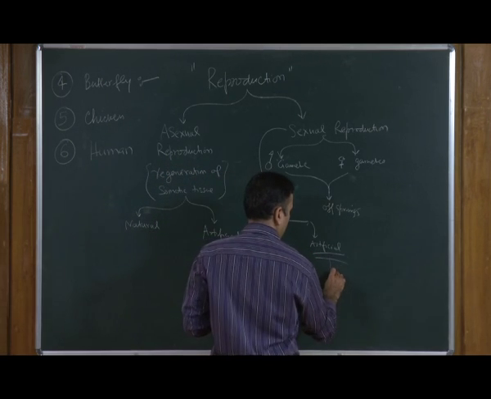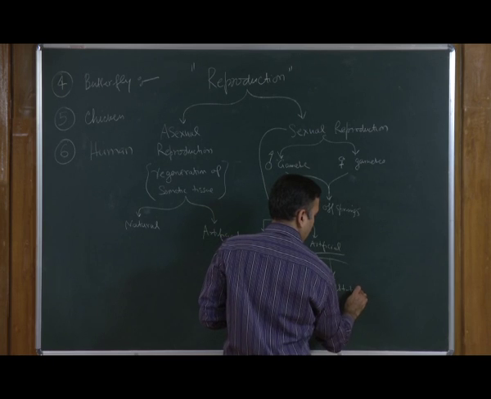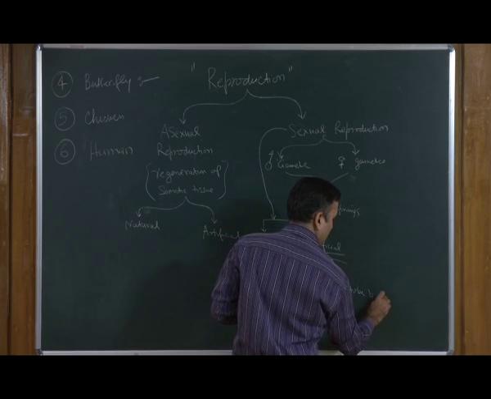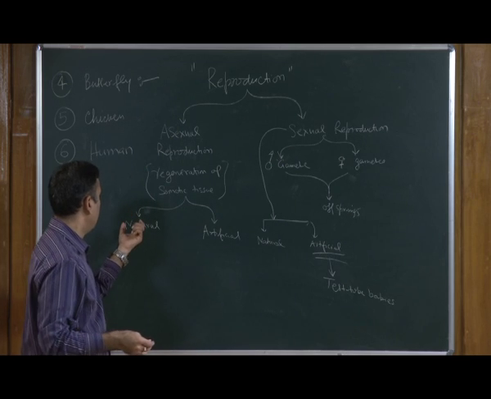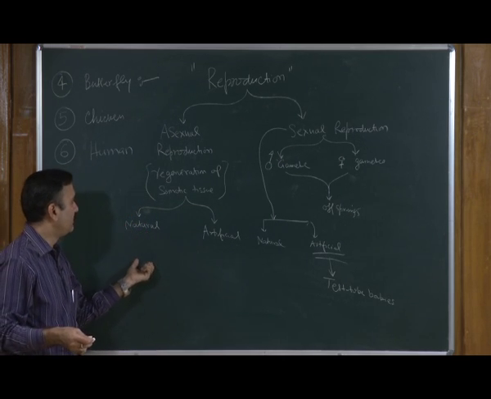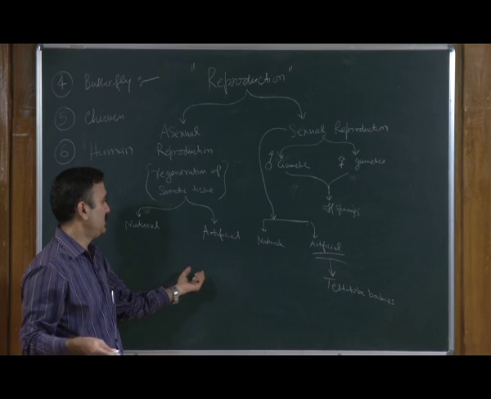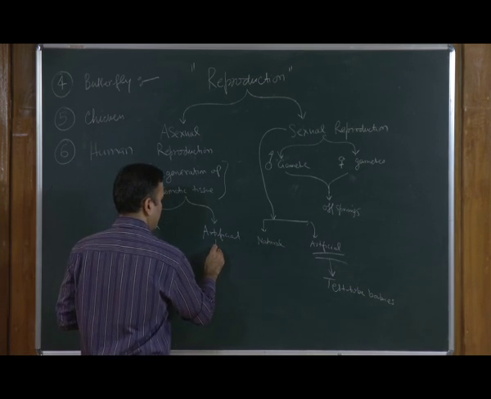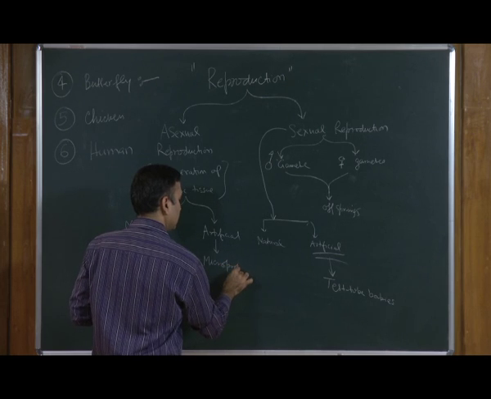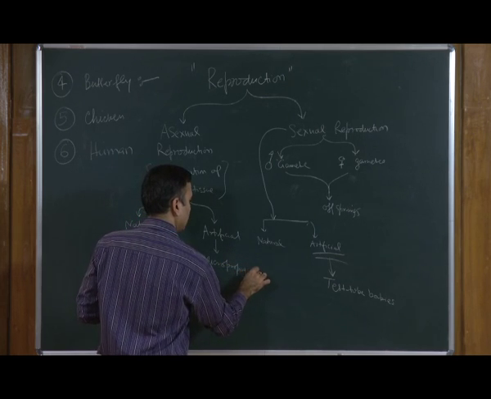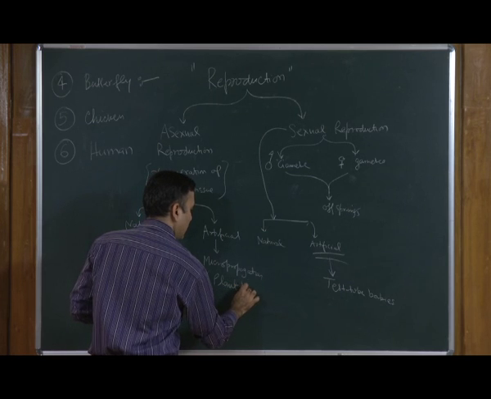One of such conditions is test tube babies. Similarly, in natural conditions you have different modes of asexual reproduction, whereas in the case of artificial reproduction you can have micropropagation, or in common terms it is called plant tissue culture.